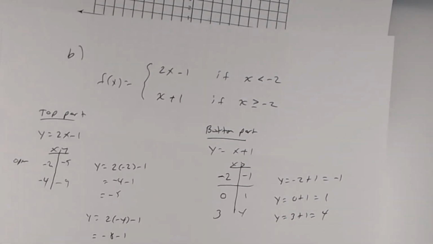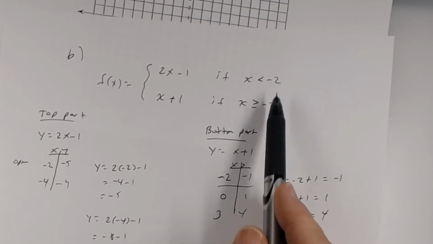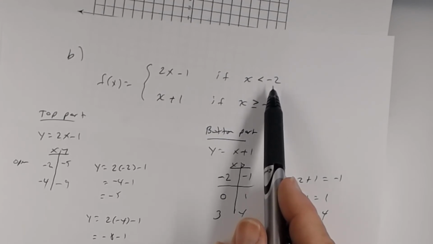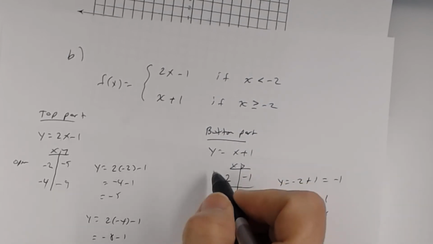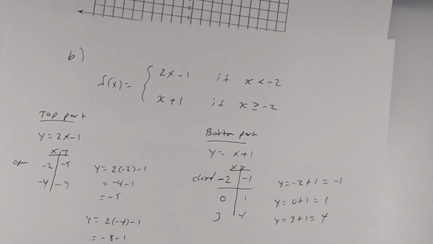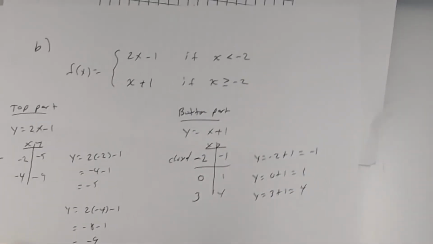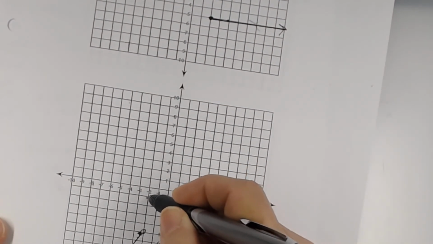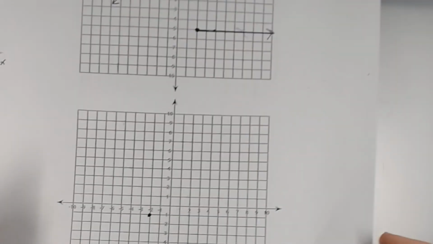Now, you remember for whatever this x value is here, when you plot that point, one's going to be open, this one will be open, this one will be what? Closed. So this point here is going to be closed, not open, like this one was. So I plot the point negative 2, negative 1, which is here. Closed, right?